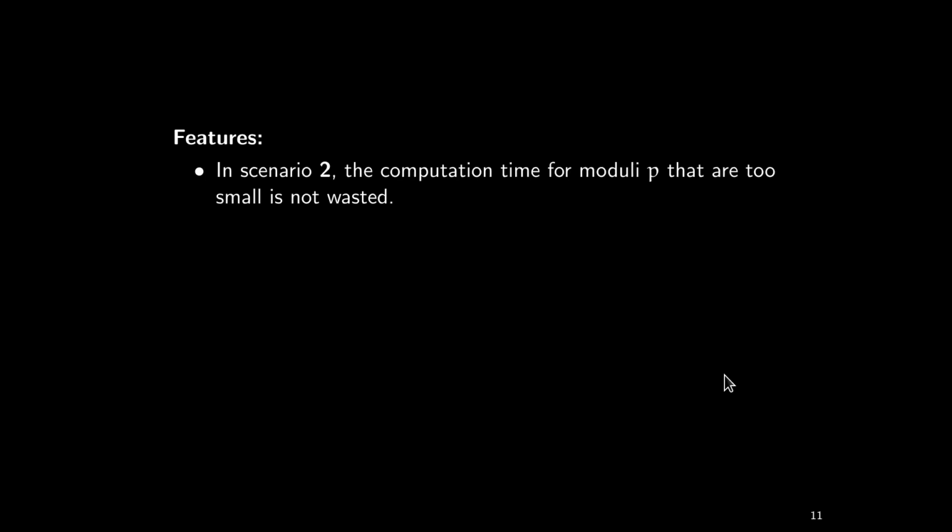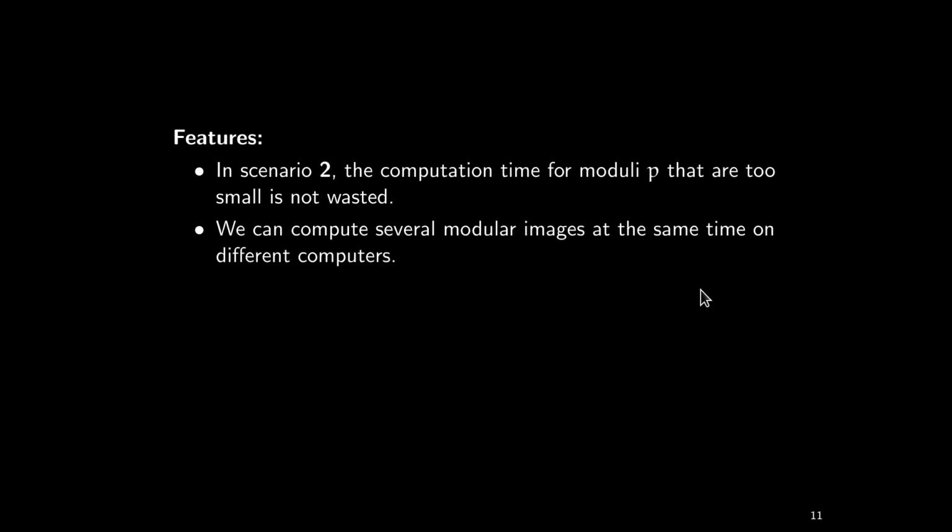Okay, what are the features of this algorithm? One feature that I already mentioned and used as a motivation for this is that you're not wasting computation time if you're in scenario 2, where you don't know in advance how big your prime should be, and you just keep going and increasing the size of the prime until you hit the result that you're looking for. But there's another feature.